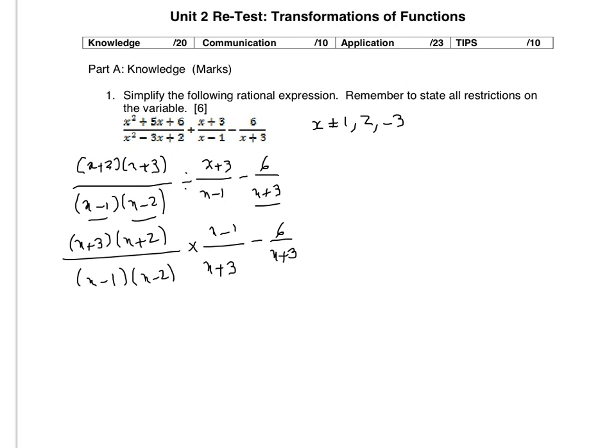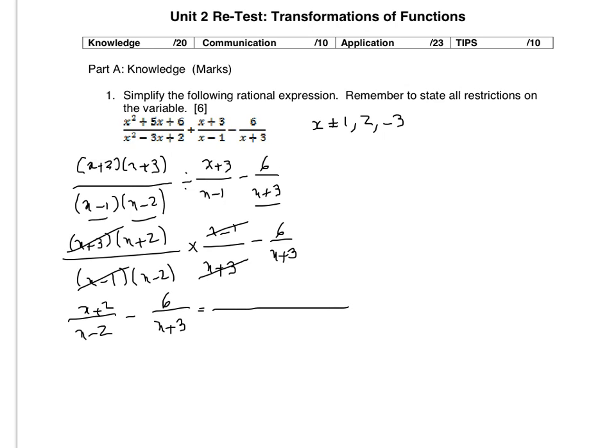Since I'm not introducing any restrictions, the restrictions are still 1, 2, negative 3, so nothing has changed. Now I can just go ahead and simplify. This x plus 3 goes with this x plus 3, and this x minus 1 goes with the x minus 1 here. So I'm going to end up with x plus 2 over x minus 2 minus 6 over x plus 3.